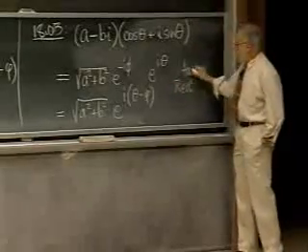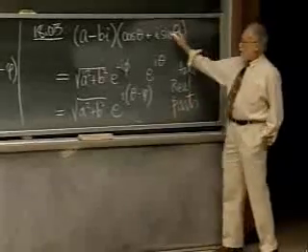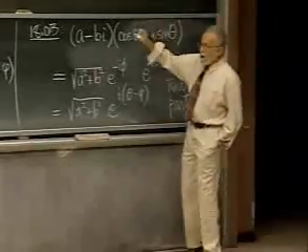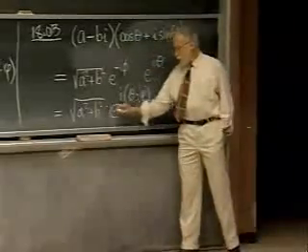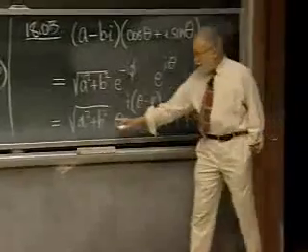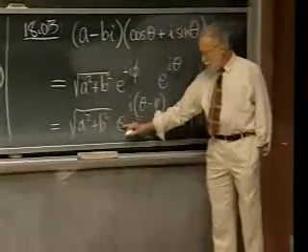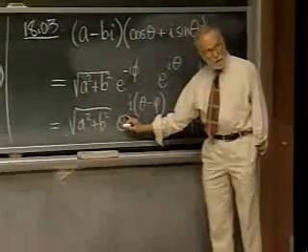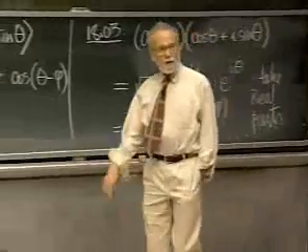So let's just take the real parts of both sides. If I take the real part of the left-hand side, I get a cosine theta plus b sine theta. If I take the real part of this side, I get the square root of a squared plus b squared times the cosine, that's the real part, of theta minus phi, which is just what it's supposed to be.